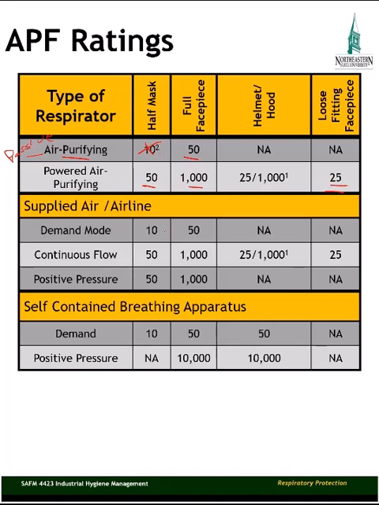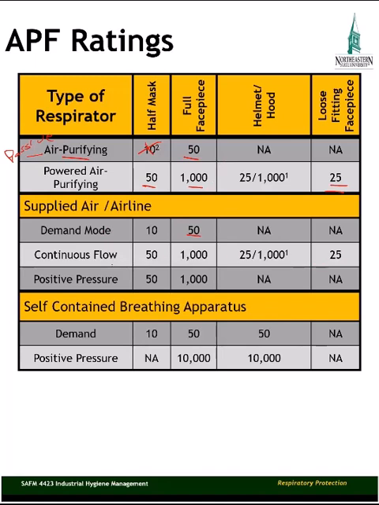We could also use a supplied air respirator in demand mode. Again, demand mode means that the rate of airflow is based upon your rate of breathing. If we have a demand mode supplied air system with a full face piece, that would work.